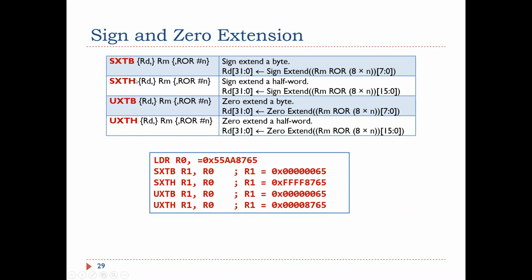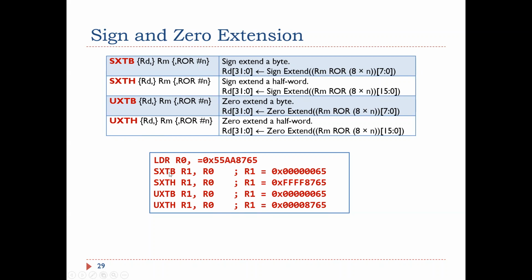Okay, so for zero and sign extension, there are a couple of instructions here. You can do sign extension to extend a byte. For example, with SXTB, you take one byte from a specific memory or register, and then you do the sign extension. Let's assume that LDR is loading R0 with FFAA8765.